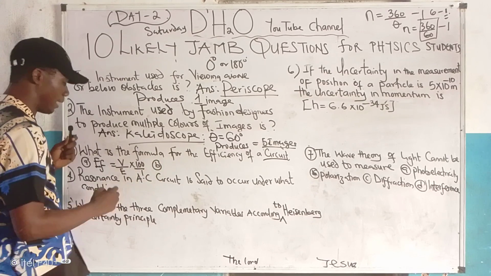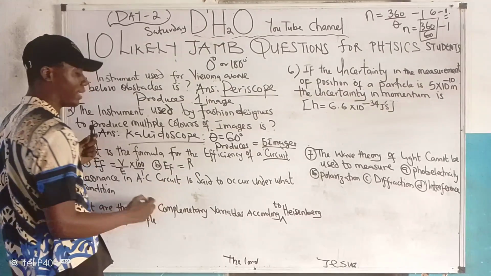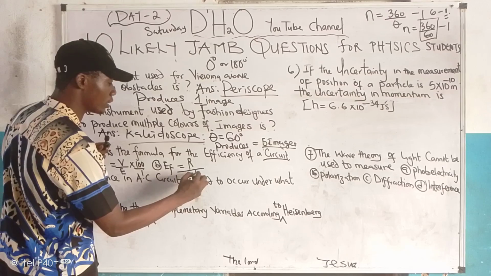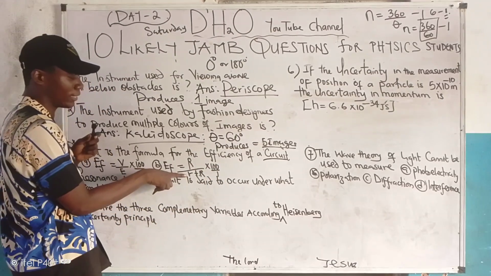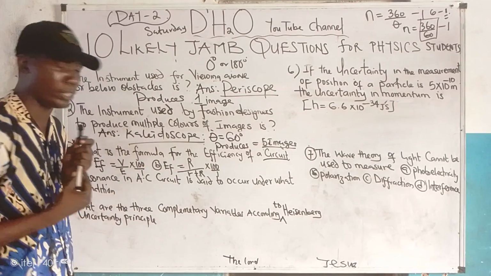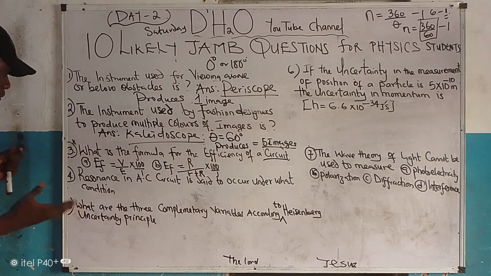And formula number 2 is efficiency equals external resistor R over internal plus external resistor times 100 over 1. This is smaller than R, the internal resistor. So these two formulas are used to determine the efficiency of a circuit.